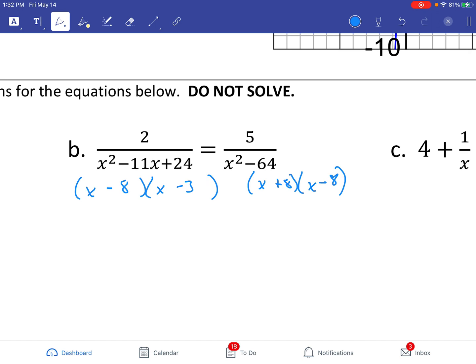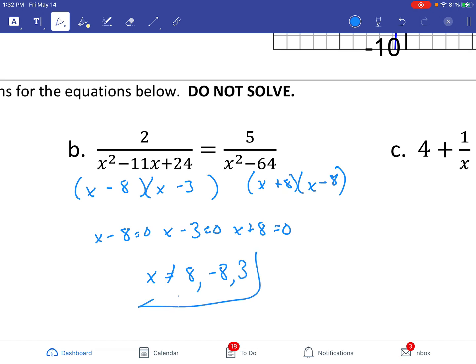Now I have to take all the factors that are in our denominators. So we have x minus 8, x minus 3, and x plus 8 all equaling 0, to find out what x cannot be. So x cannot be positive 8, negative 8, or positive 3.